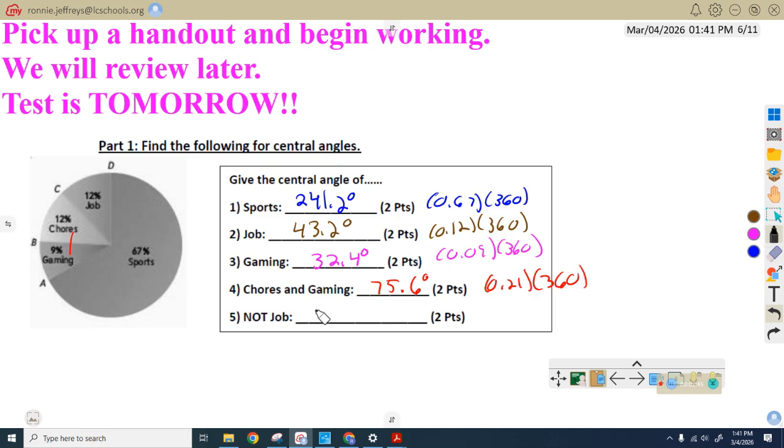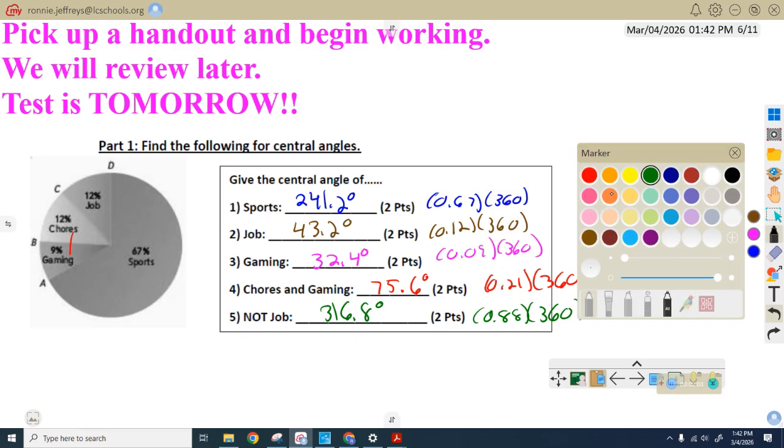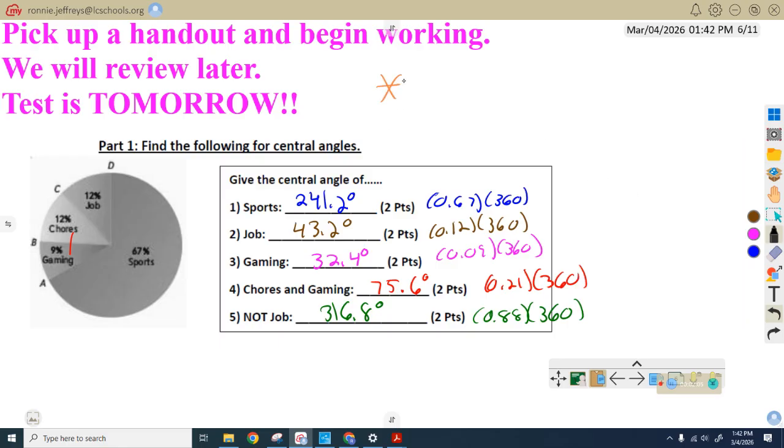So if job is 12, then not job is 0.8 times 360, which is 316.8 degrees.